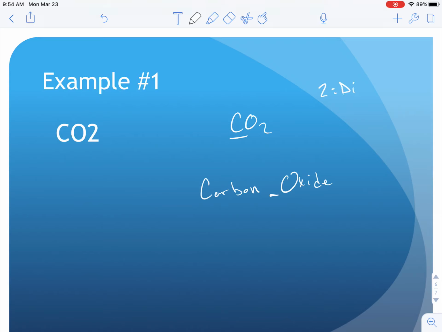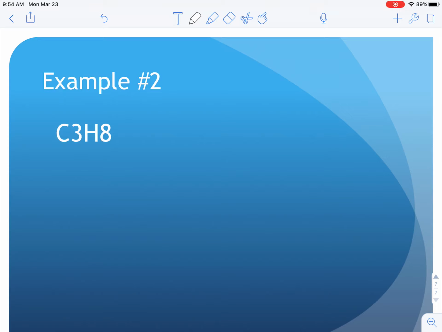Remember that 2, the prefix is di. So we say this is carbon dioxide. All right, so carbon, 1 carbon, dioxide, 2 oxygens, right? So prefixes really are just naming however many there are. And when it comes to molecular compounds, what we're really doing is just naming out how many of each element we have. They're relatively straightforward. They're just saying, okay, you have this many of this element, this many of that element.